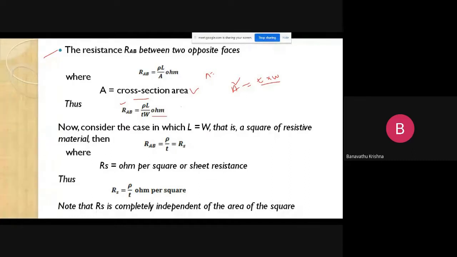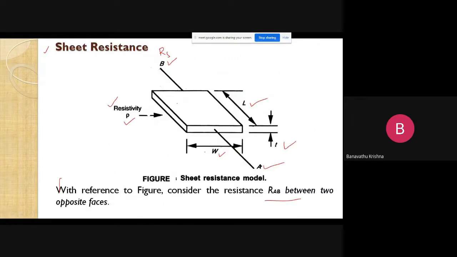Suppose I take the length L equal to W. If L is not equal to W, then the uniform slab looks like this: the length is very large and the width is shorter, so there is a difference in measurements.